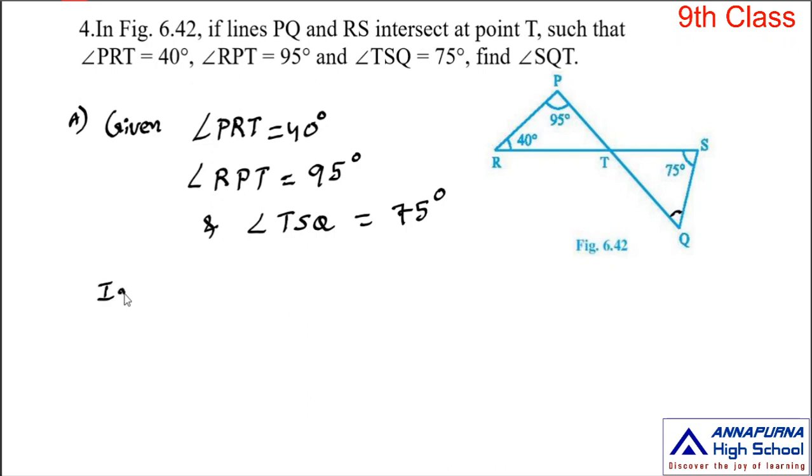In triangle PRT, one important property: the exterior angle property. What is the statement of the exterior angle property? One exterior angle is equal to the sum of the two interior opposite angles.